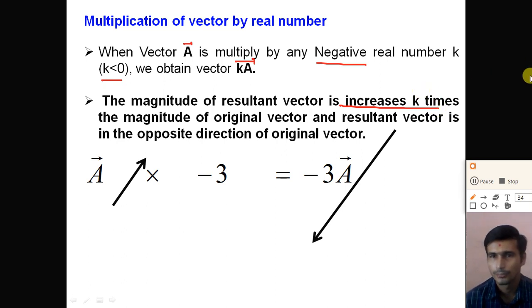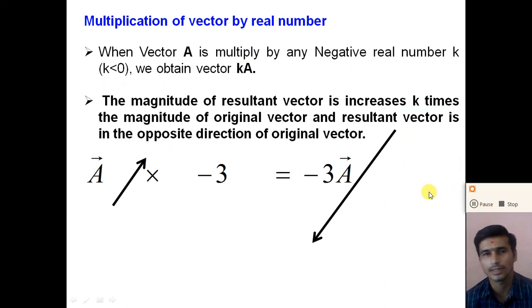But here when we multiply a vector by a negative real number, the magnitude is scaled by the size of k, but the direction of the resultant vector is opposite to the original vector. For example, if we consider a vector a in this direction and multiply by the negative real number -3, the magnitude of the resultant vector is 3 times the magnitude of the vector a, but the direction of the resultant vector is opposite to the original vector.